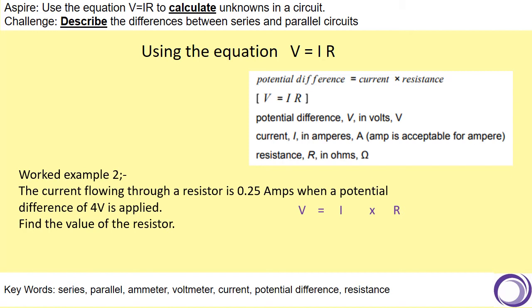If you don't remember it, get yourself some flashcards or write them all out and keep practicing till you've got them all right. So 4 volts equals 0.25 amps times R. So 4 equals 0.25 times R. If 4 equals 0.25 times R, what must R be to give you 4? So R is 4 divided by 0.25, which gives you 16 ohms. Underline it to draw the examiner's attention to it.